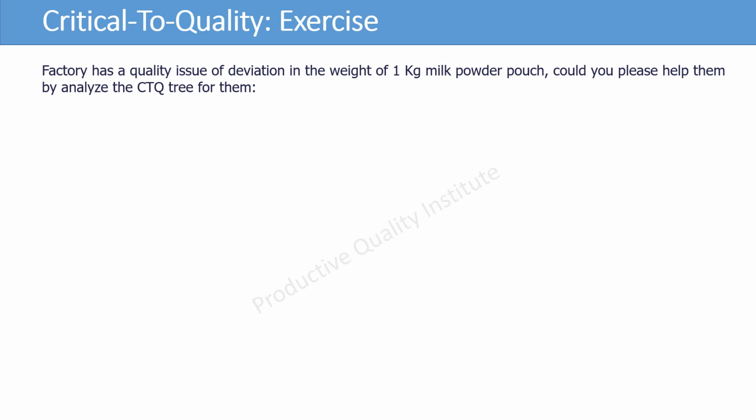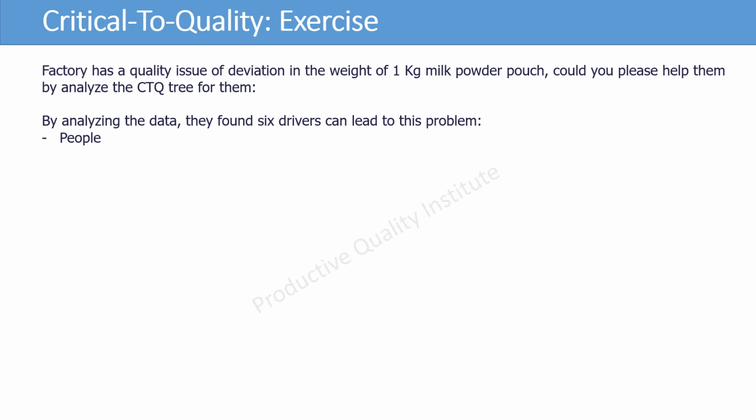A factory has a quality issue of deviation in the weight of a 1 kilogram milk powder pouch. Could you please help them by analyzing the CTQ tree for them? By analyzing the data, they found 6 drivers can lead to this problem: people, method, machine, measurements, environment, and material.